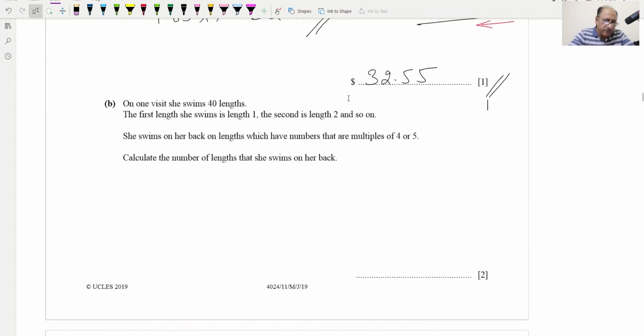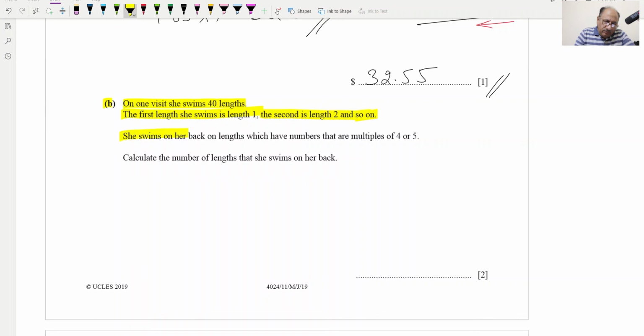Now B part says on one visit she swims 40 lengths. The first length she swims is length 1 and the second is length 2 and so on. So third will be length 3 up to 40th will be length 40.